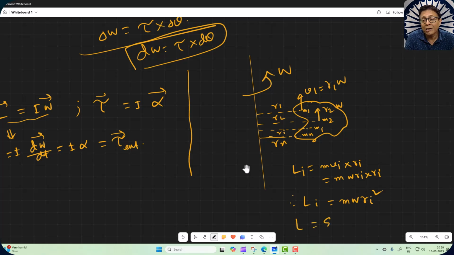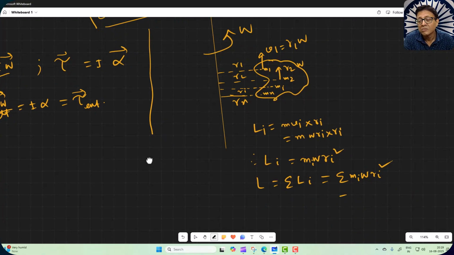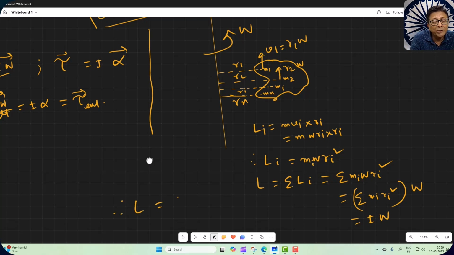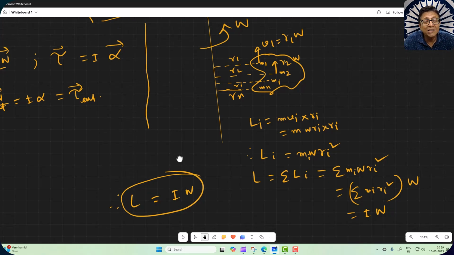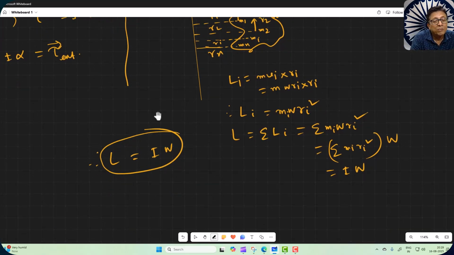So net angular momentum will be sigma mi omega ri square. So this will be sigma mi ri square omega. So L is going to be I omega. For a rigid body, L is I omega, for any rigid body.